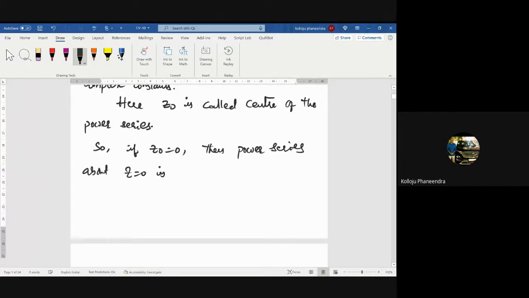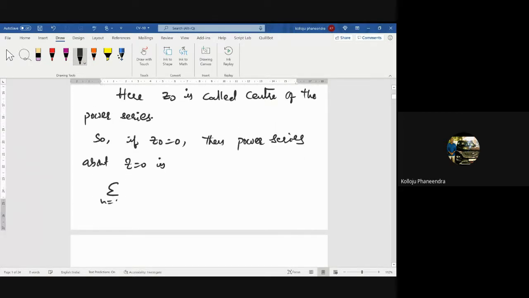Summation n equal to 0 to infinity an into (z minus z naught), that is, z naught is 0. So simply a0 plus a1 z plus a2 z square and so on. If I want to write the nth term, this is called nth term, an z power n.